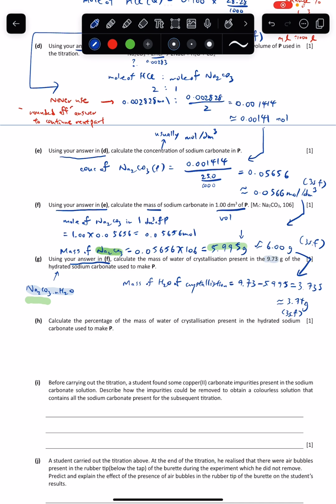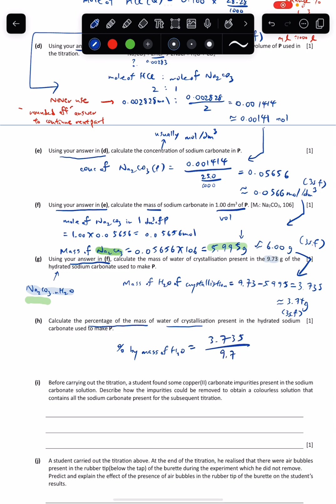Lastly, you are supposed to find percentage by mass of what? The water. Oh, I already have how much the water weighs, right? Isn't it just percentage by mass of the water, my water, divided by the total mass?